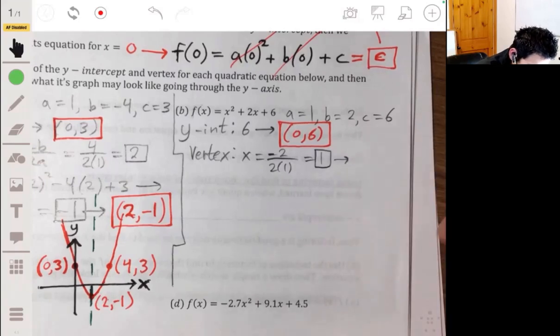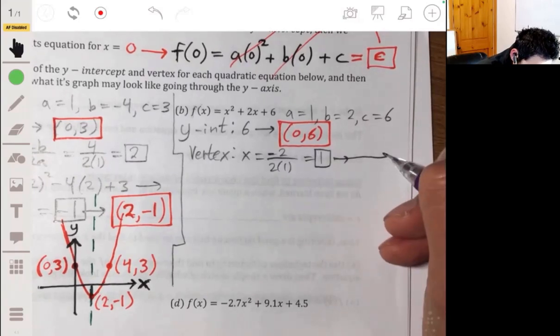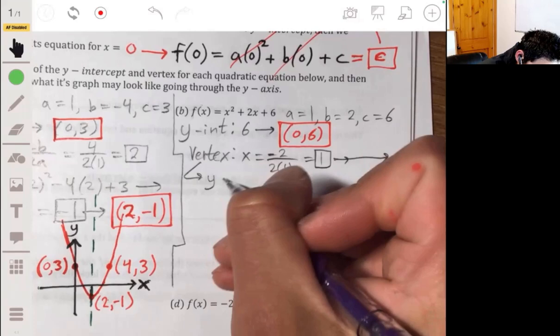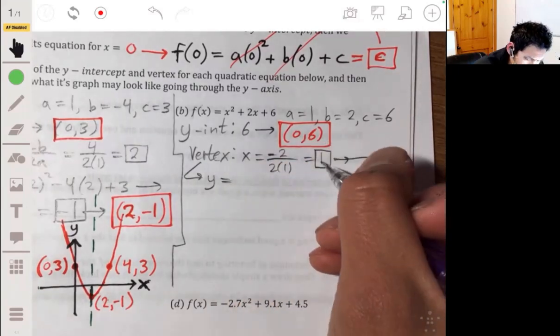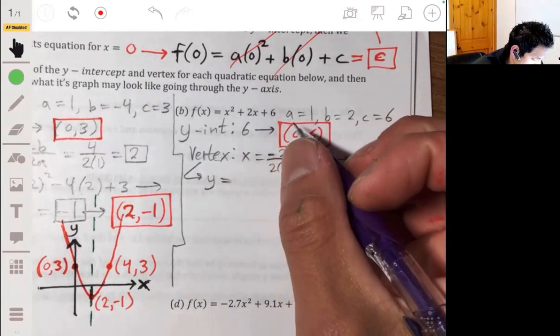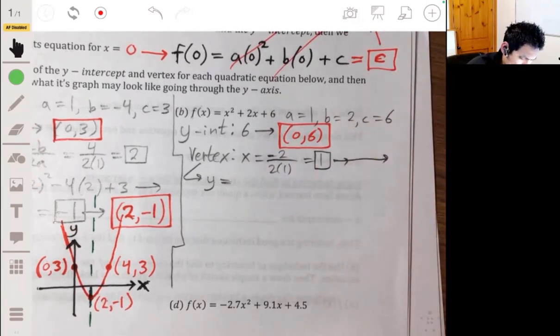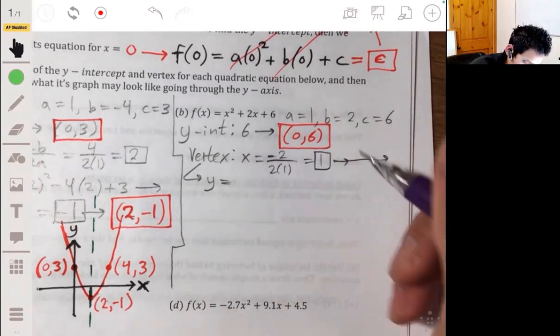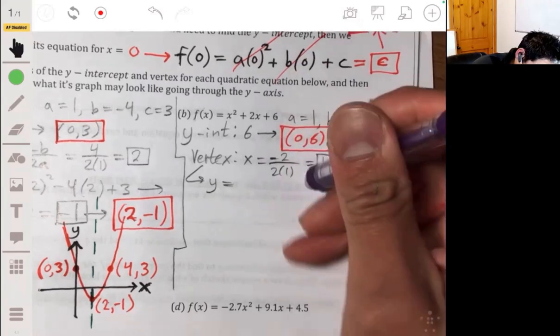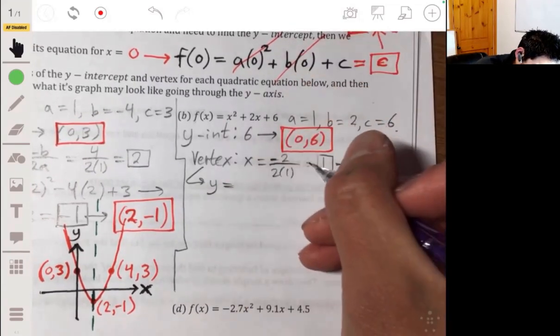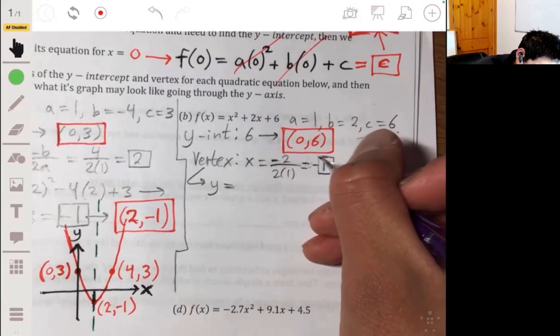And then y will be, let me just go to the next line, 1 squared plus 2 plus 6. Is that right? Hold on. Oh, negative 1. Negative 1. So you got to focus and pay attention to detail.